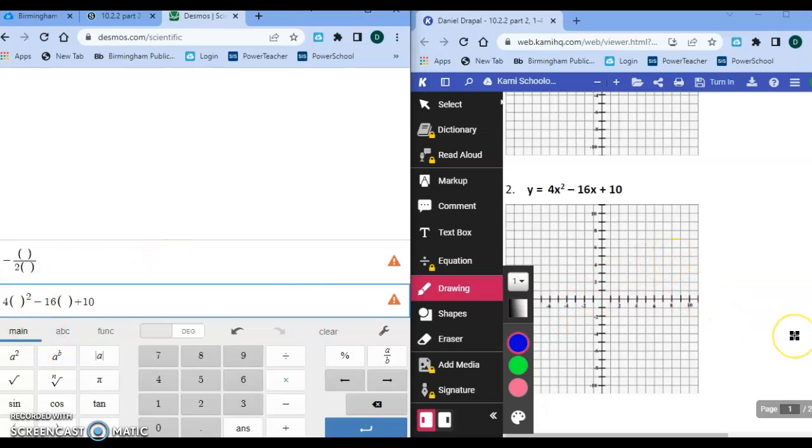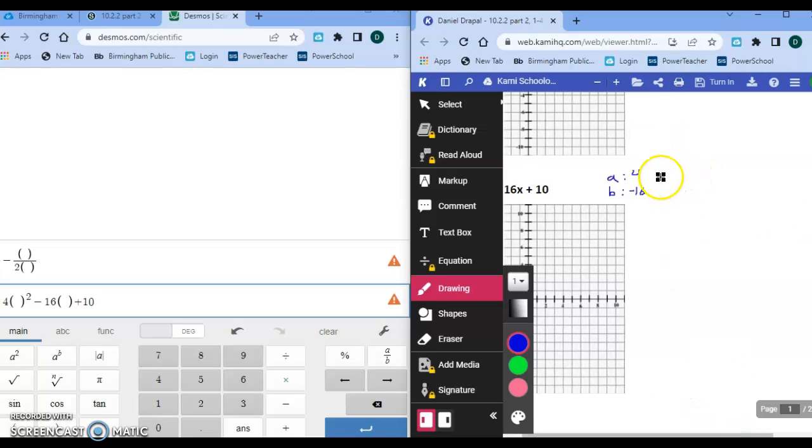All right, so again, the same format. I have to identify my A and my B because I need to find my vertex first. In this case, my A is 4, and my B is -16. So to find the vertex, I'm using, remember, -b over 2a, which is negative parentheses over 2 parentheses, and I type those in.